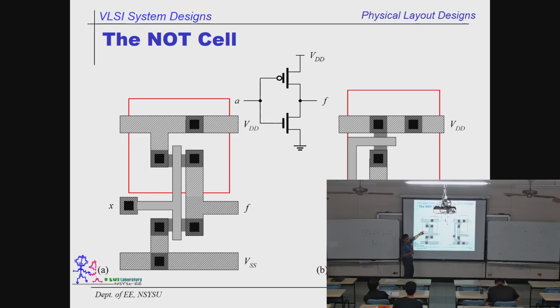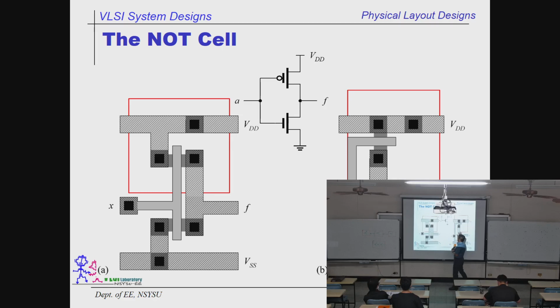That means it is a P diffusion. That's the P transistor. This one is outside the red box, so this is N diffusion. And check this out. This is the input, and this is the direction of the control signal.